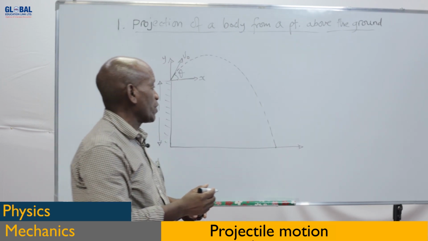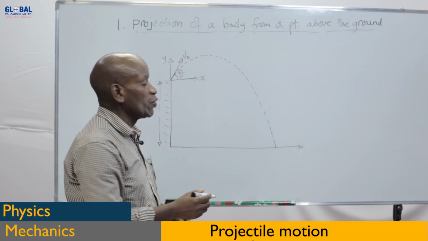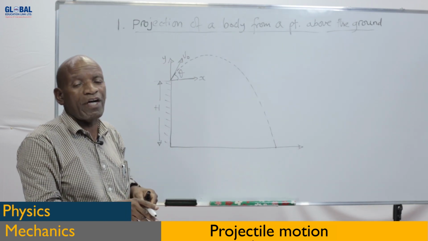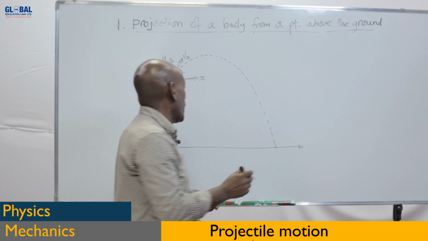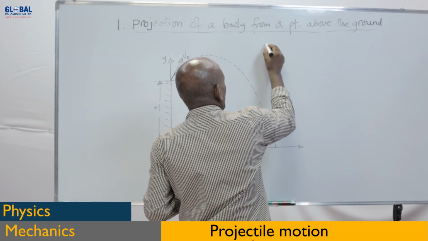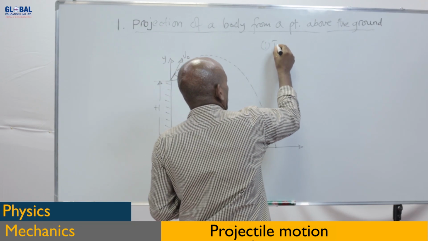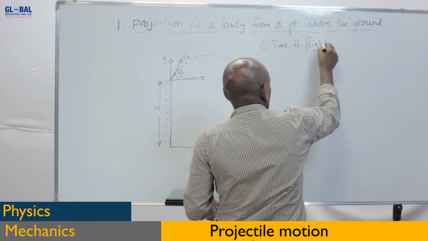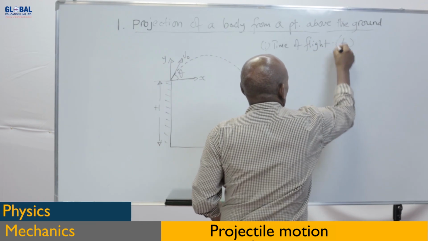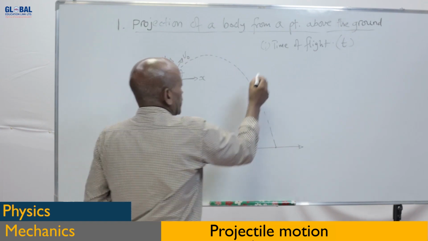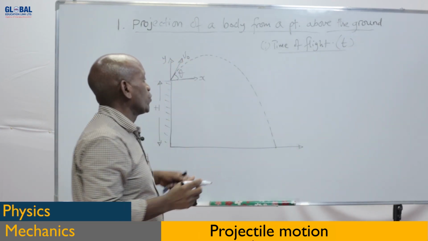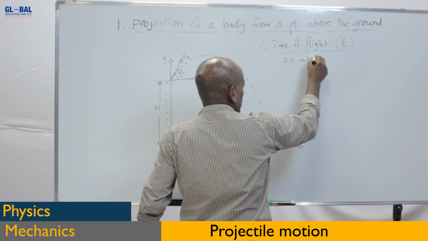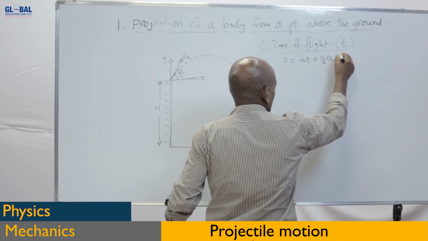Normally in solving any projectile motion, we use the horizontal and vertical component velocities. For this case, if we needed to determine the time of flight, then we have to use the normal equations, which start with s equals ut plus a half at squared.